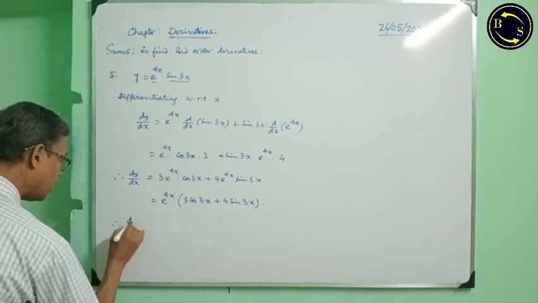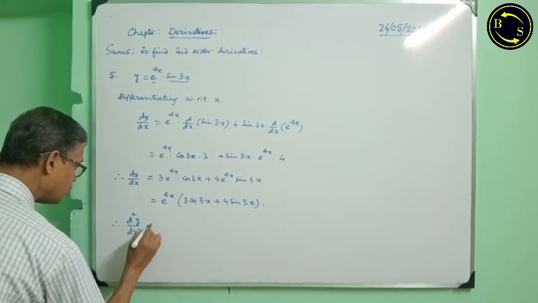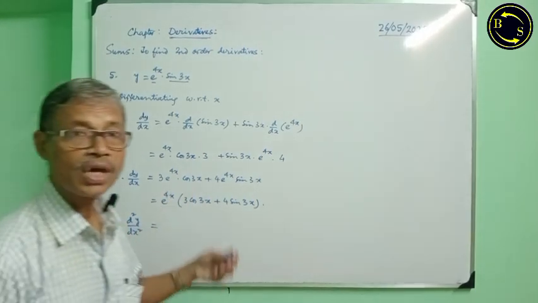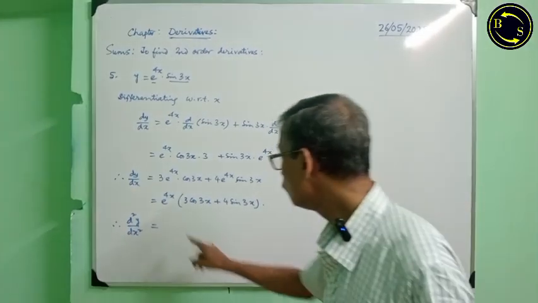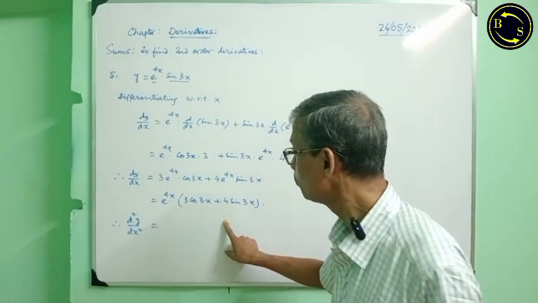Therefore, here we can write directly d2y/dx2. That means we are differentiating the product we already have got with respect to x. Now this is again u into v form, product form.